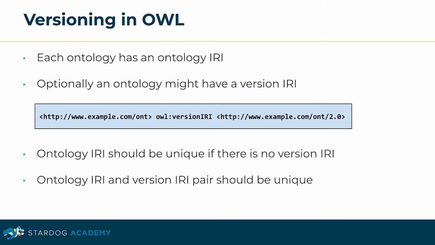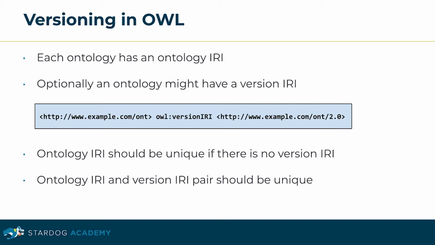So versioning in OWL is more or less using the unique identifiers, the unique IRIs of the ontologies, and optionally, you can have a version IRI in addition to the ontology IRI.